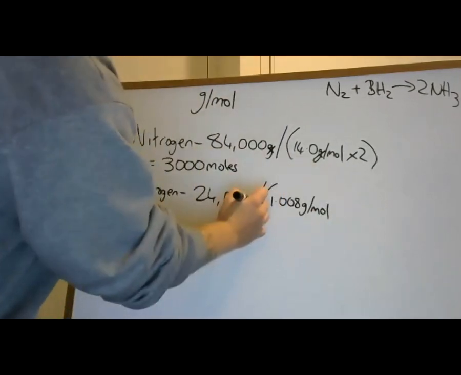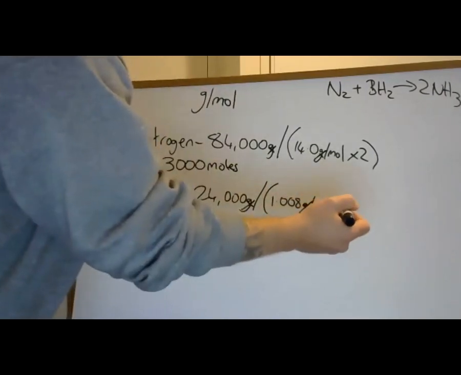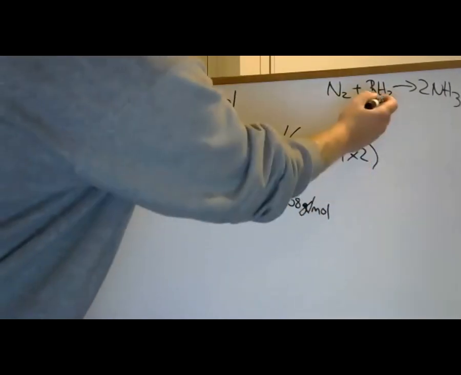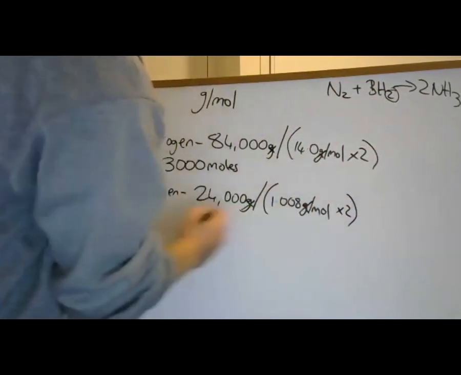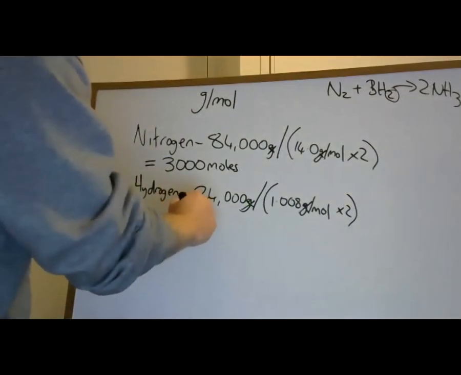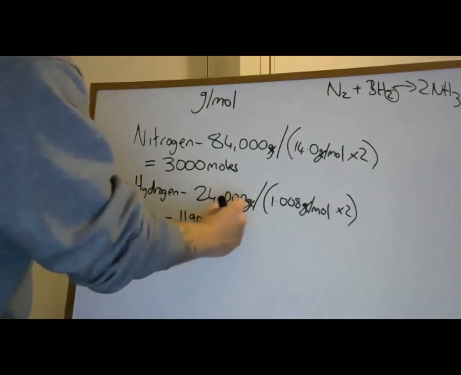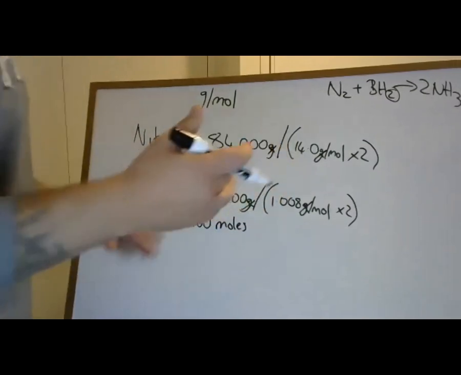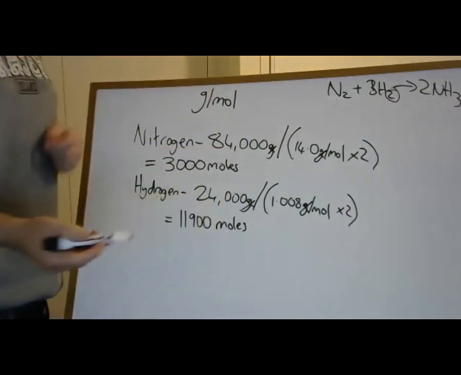And by dividing, we get rid of grams. And it's also times 2 because it's H2. Now we have 11,900 moles. So we started with 84 kilos and 24 kilos.